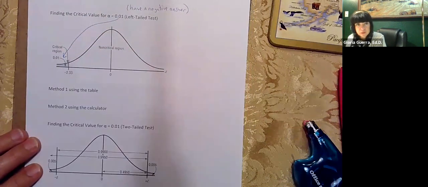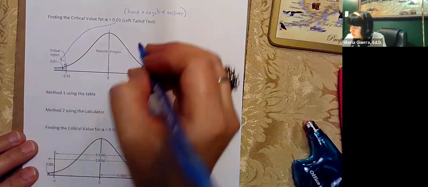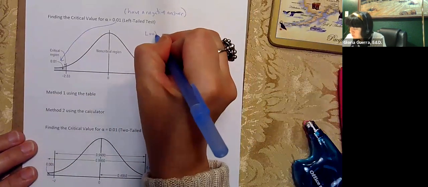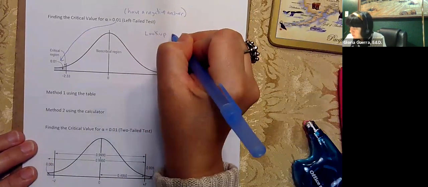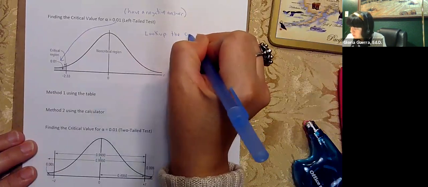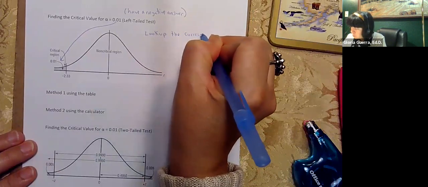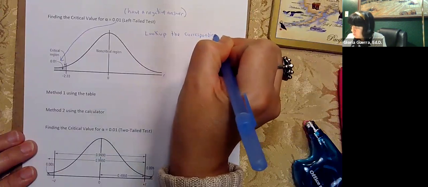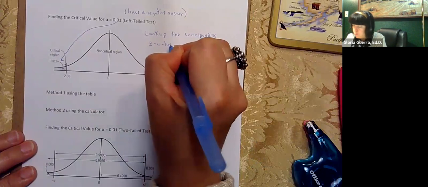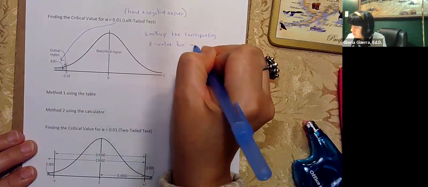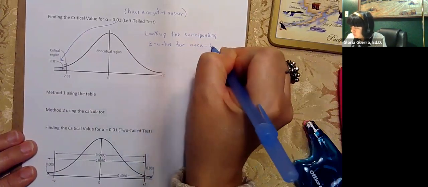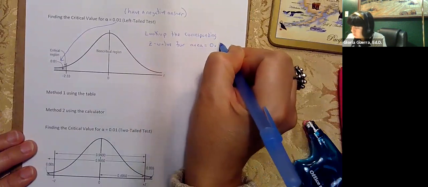So here you see this number here is already right here. So the calculator is ready to go. And so you're ready to just look up the corresponding Z value for that area, which is 0.01.